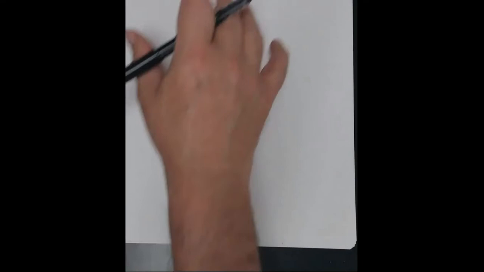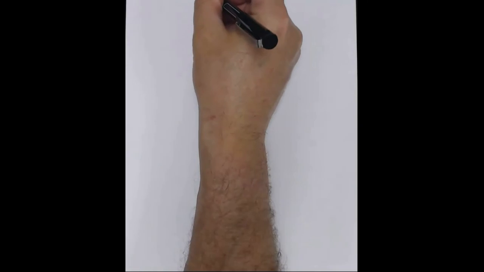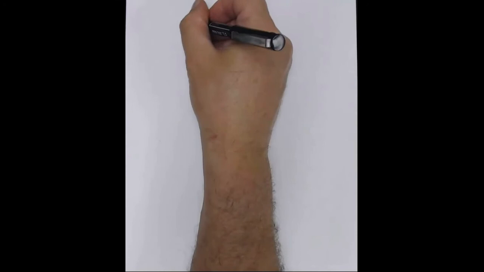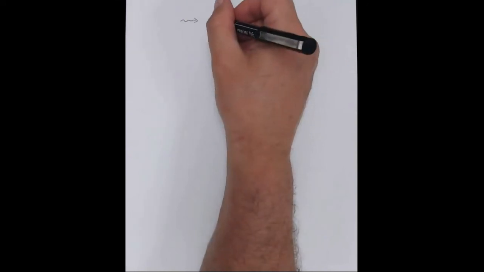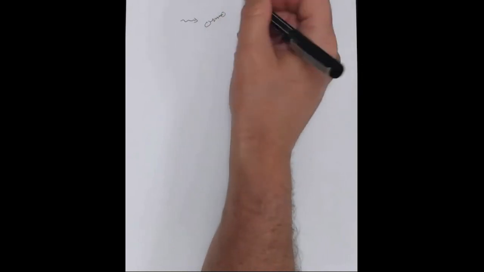Now let's look at spectra, and specifically let's look at the absorption spectra. So we're going to send light in to hit our molecule, and we want to see what wavelengths we would expect to be absorbed.